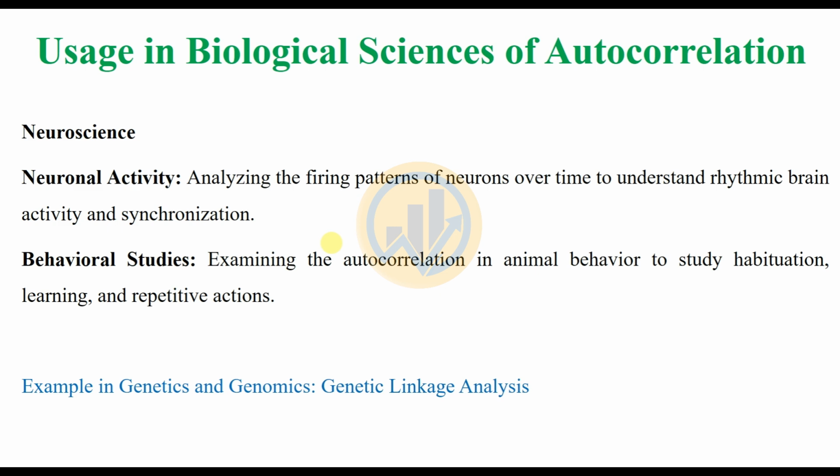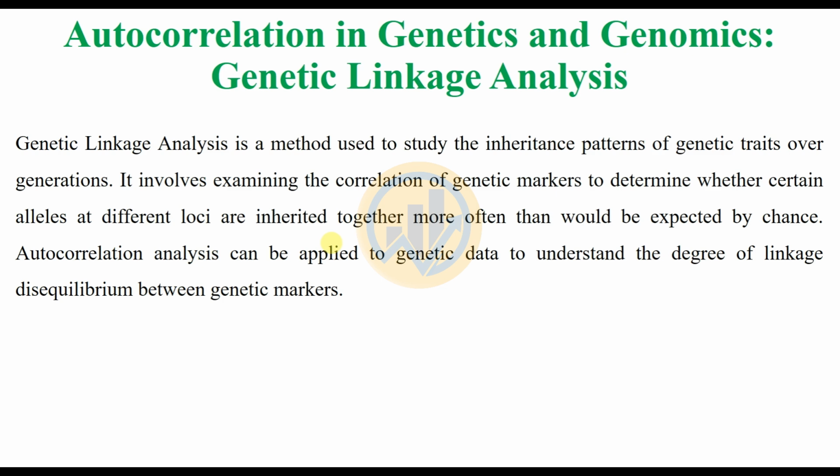Examples of the analysis: genetics and genomics, genetic linkage data analysis. So, autocorrelation in genetic linkage data analysis in PAST statistical software. Genetic linkage analysis is a method used to study the inheritance patterns of genetic traits over generations.